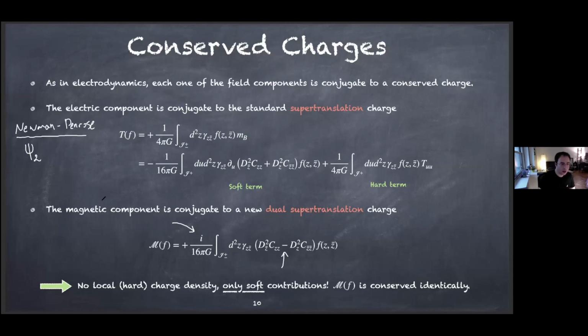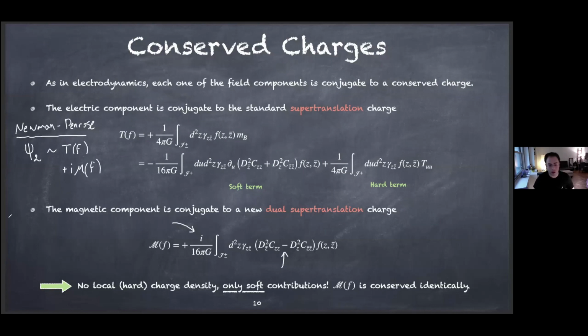after the talk. Now, this Newman-Penrose charge is a complex charge, and roughly, its real part is the supertranslation charge, and it has an imaginary piece, which is precisely what I call the dual supertranslation.